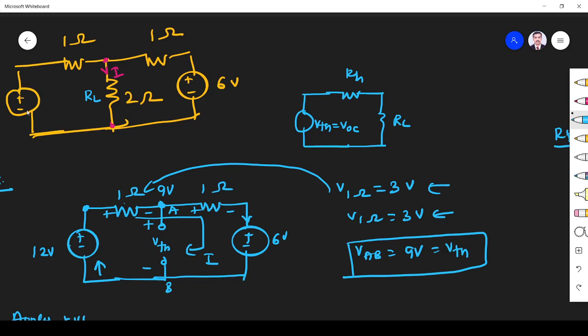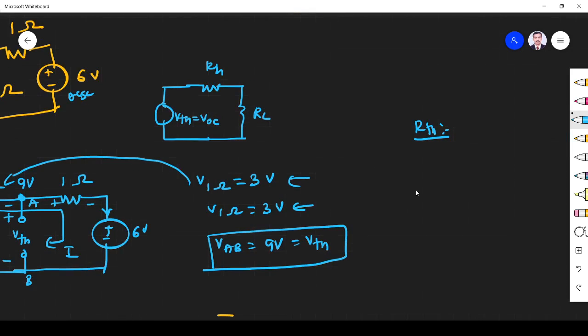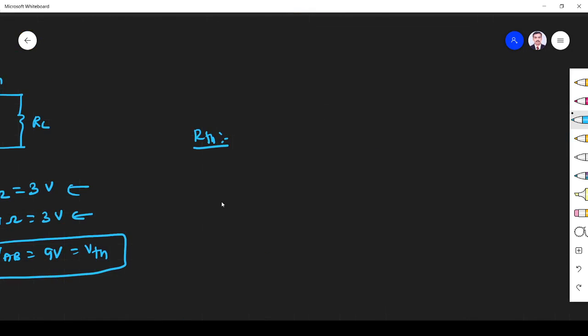So make voltage source short circuit, current source open circuit, and remove the load resistance. So this voltage source should be shorted. This one should be shorted because this is also a voltage source, right? And this must be removed. So remaining thing will be this 1 ohm. So if you want to find R Thevenin, the circuit will be like this.